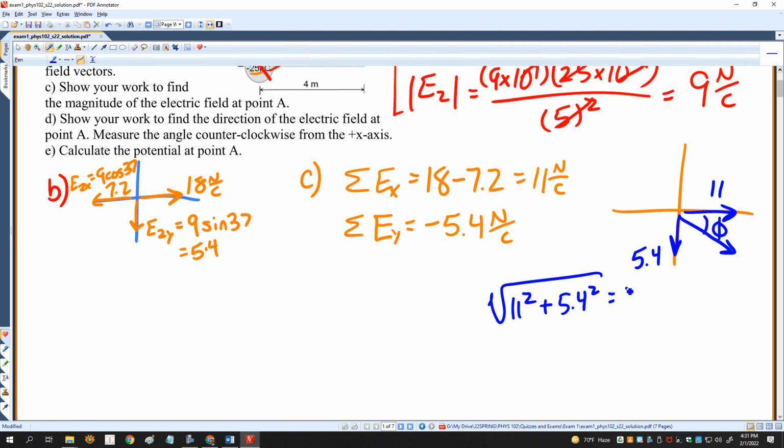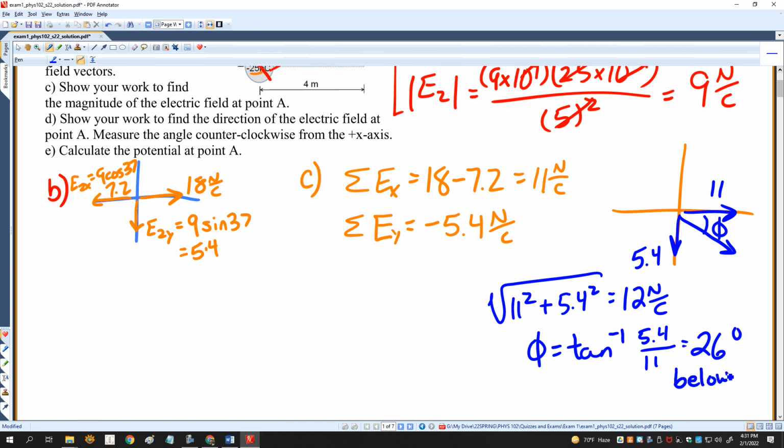I get 12 newtons per coulomb. And then the angle phi is going to be the inverse tan of 5.4 over 11. That's opposite over adjacent. I get 26 degrees. So it's 26 degrees below the plus x.